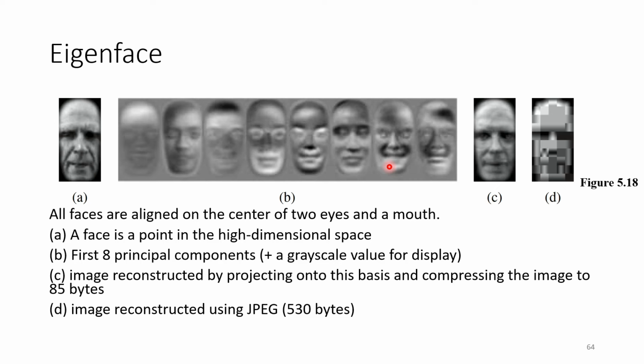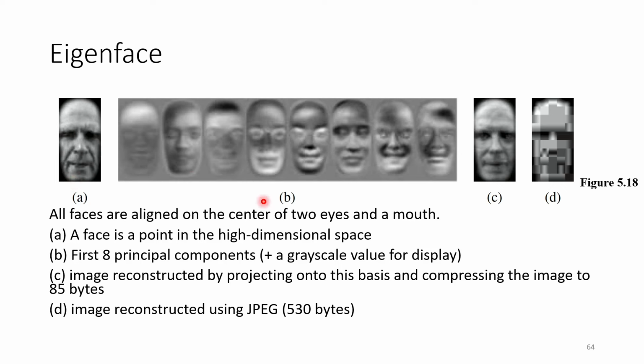And what is its application? Its application is, given an input image, we can use those principal components to reconstruct the image. The C is reconstructed from A. And what's the benefit?